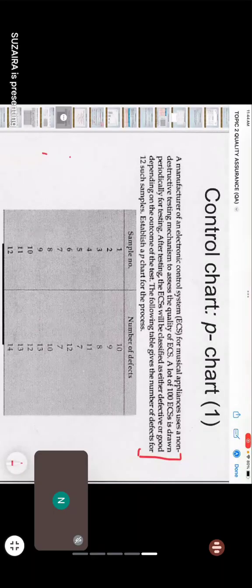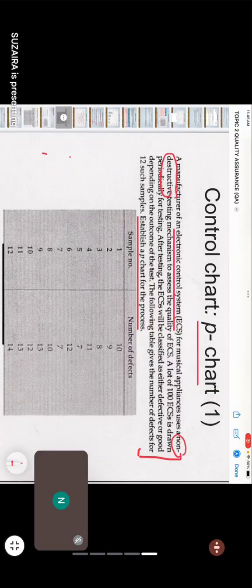Okay, right. This one is the example for the P chart. This question is kind enough because they mention here what kind of chart you need to develop. So for example, a manufacturer of an electronic control system for musical appliances uses non-destructive testing. So what is non-destructive?